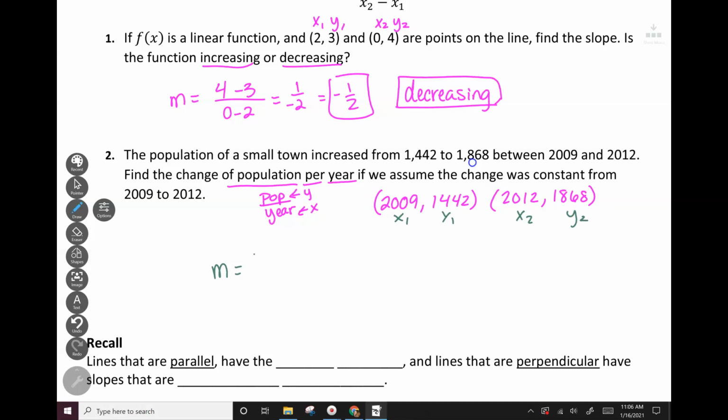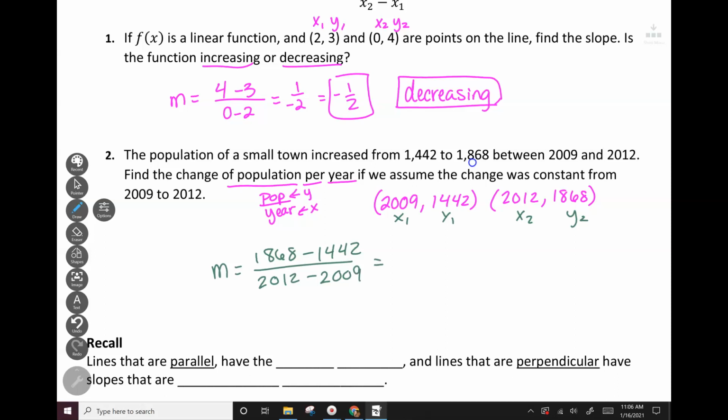So we're going to do 1,868 minus 1,442 population, change in population over the change in time, 2012 minus 2009.